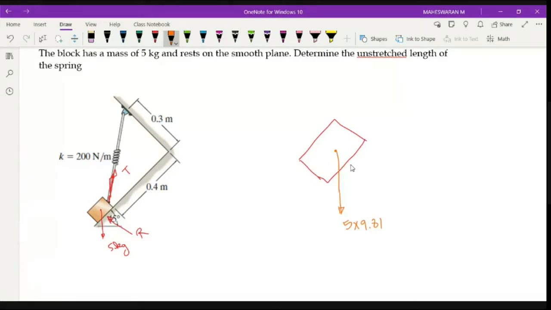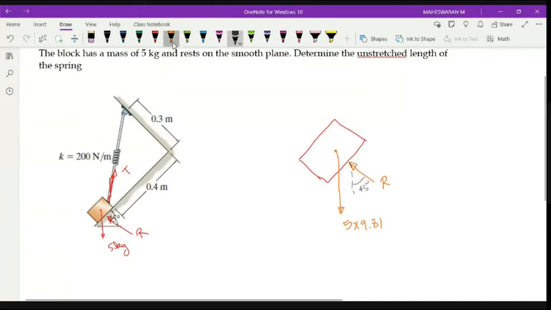Then you have a reaction, R. So this reaction is 45 degree, because we can see that the inclination is 45 degree with respect to horizontal. In that case, perpendicular to that, your reaction will be 45 degree with respect to vertical. If this is the x-axis, this will be the y-axis, right?